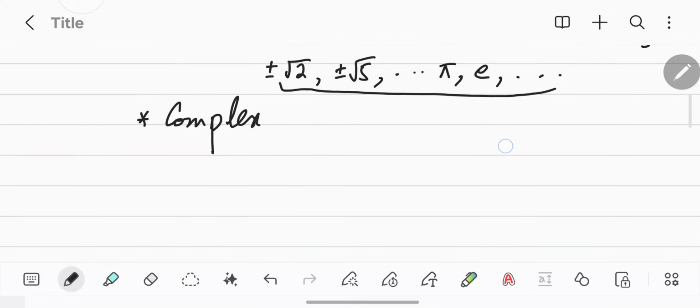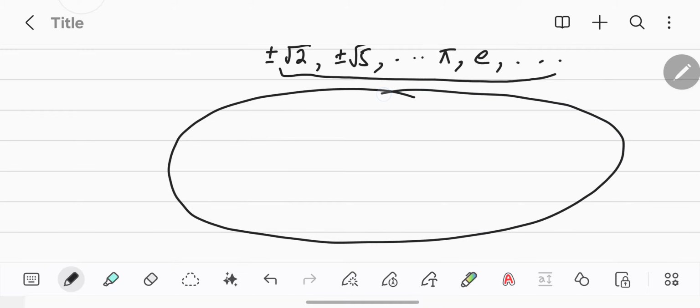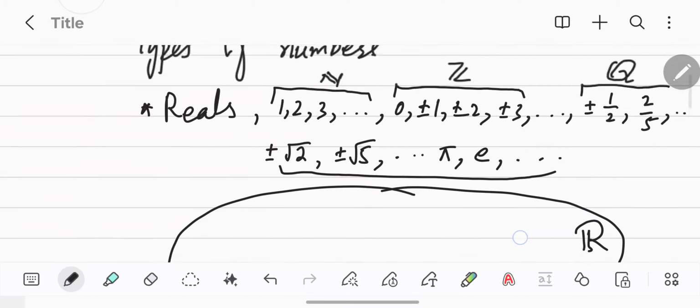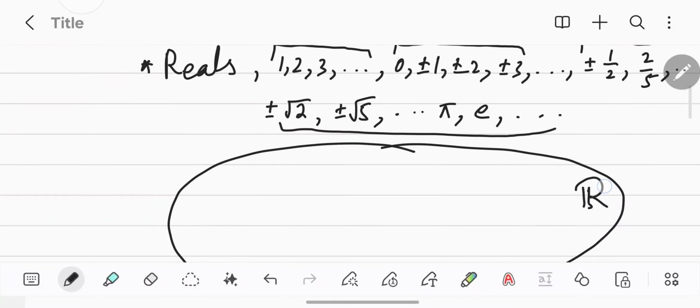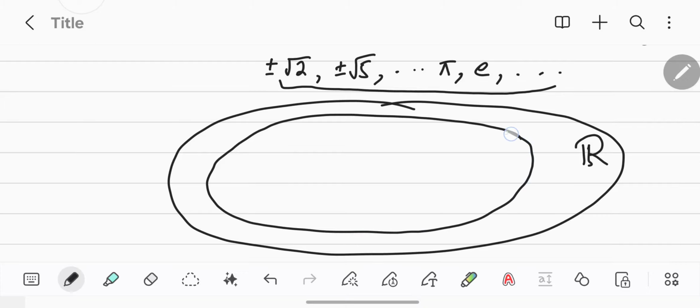Okay, if we make the picture of real numbers, it is like the bigger set for real numbers. All other numbers are inside this. For example, rational numbers are inside the real numbers.